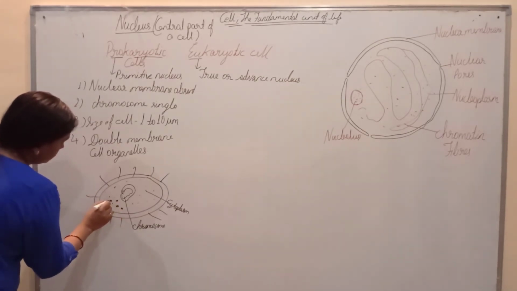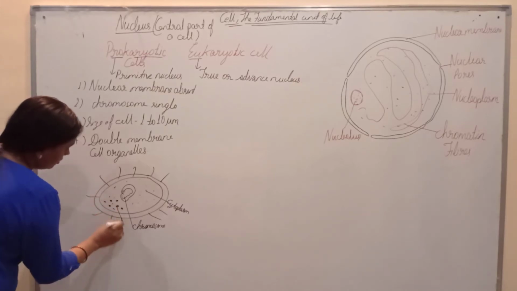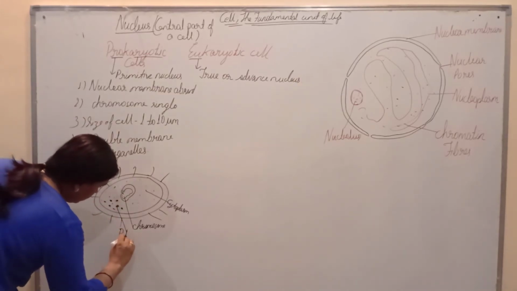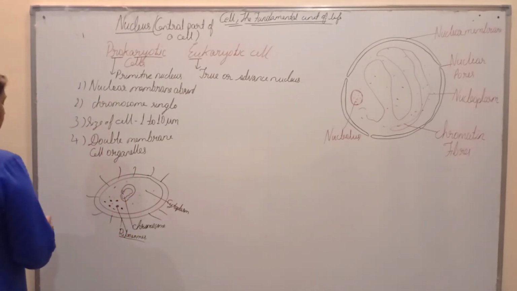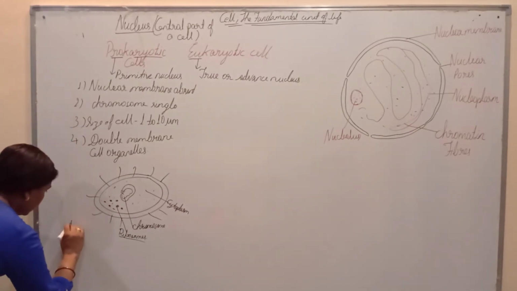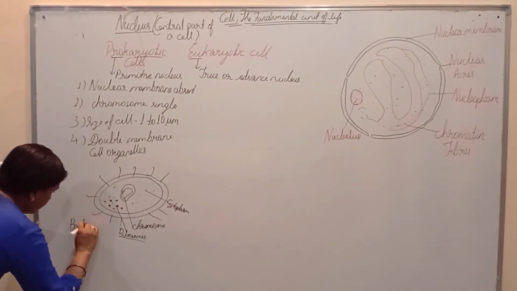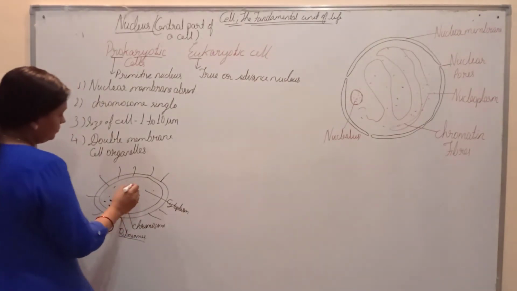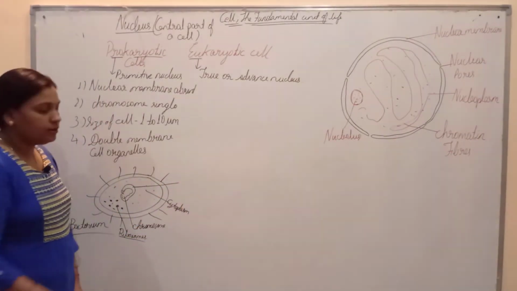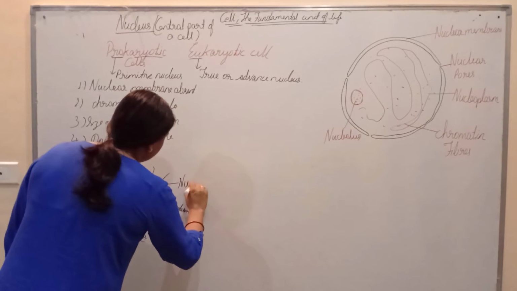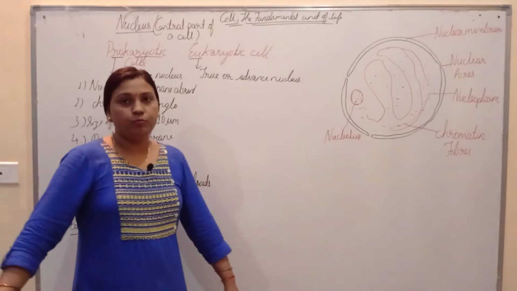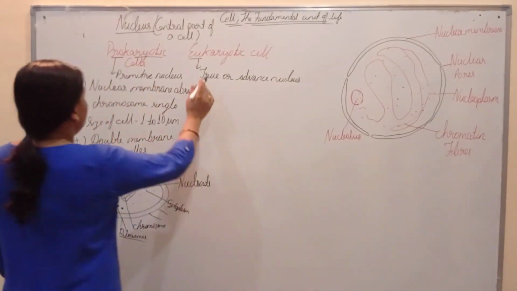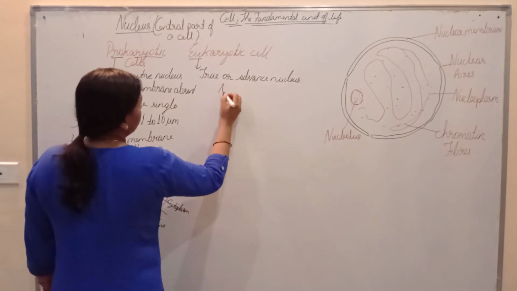This figure is of a bacterium cell, and such a primitive nucleus is called a nucleoid.